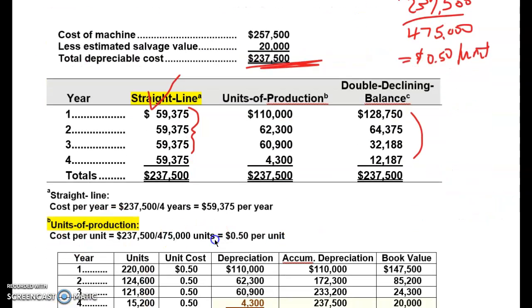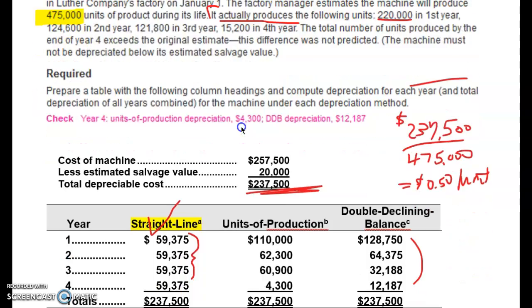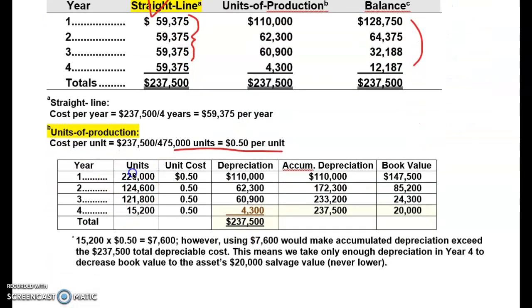This is what we have right here. And as you can see in the problem, it's 220, 124.6, 121.8, 15.2. Don't think about anything except those numbers. Just recopy those, and that's your year 1 units, year 2 units, year 3 units, year 4 units. Multiply that times 50 cents, and you get depreciation.